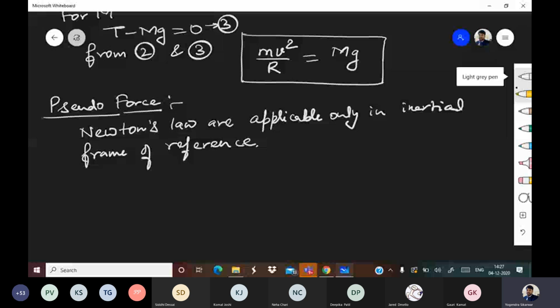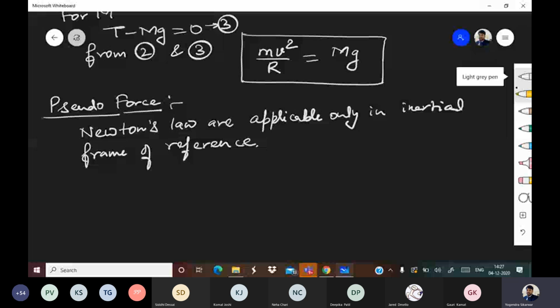Inertial frame of reference. Newton said that on the basis of acceleration, frames of reference are of two types. So what is the criteria? Acceleration. On the basis of acceleration, frames of reference are of two types.